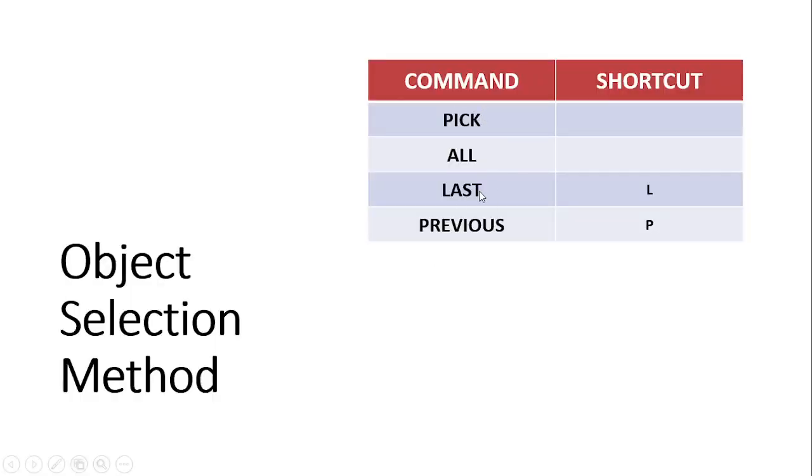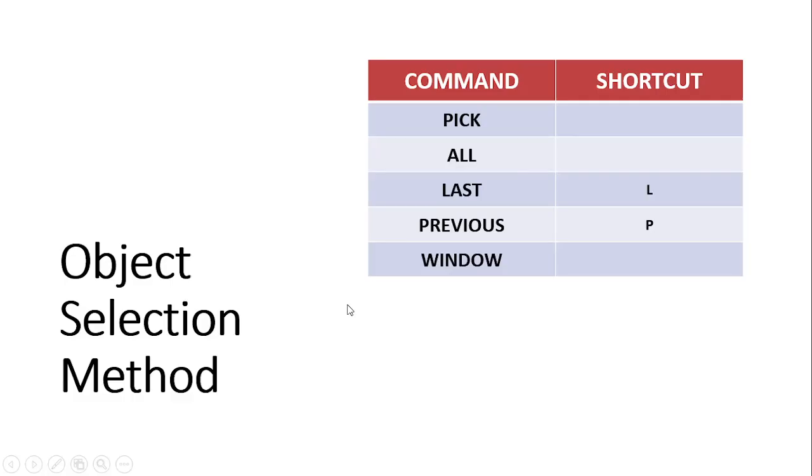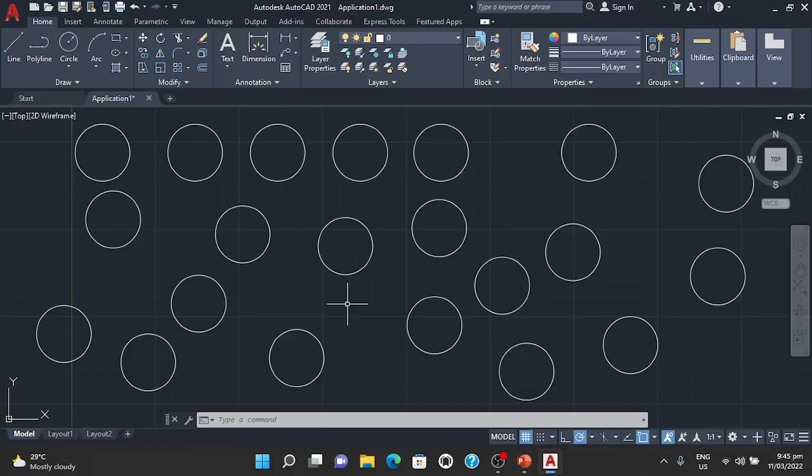Okay, so these are the commands for picking or selecting objects. Next we have here window. For window, there is no shortcut command, but we could type it, for example, move, then type window. Specify first corner. Window is just like picking objects inside a shaded region.